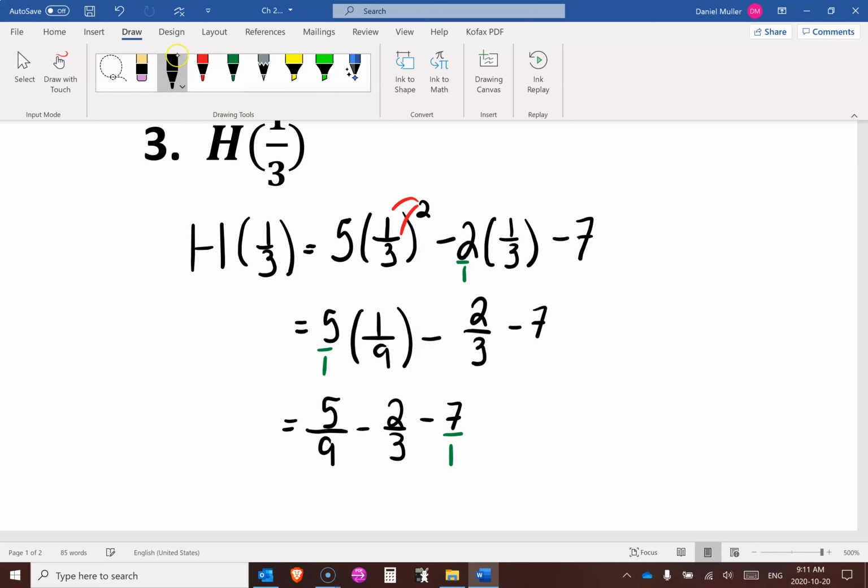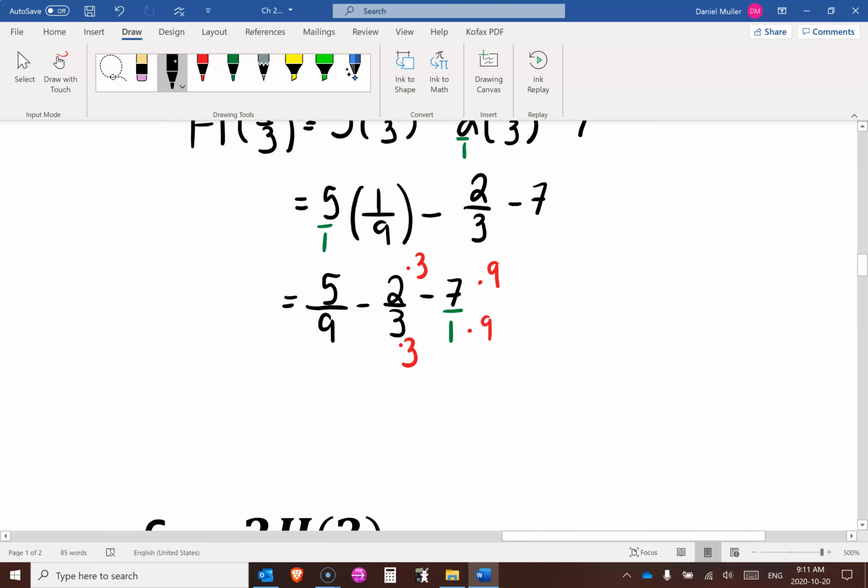So we're going to need a common denominator. Okay, so that would be 9. So I'll times this by 9, and times that by 9, times that by 3, times that by 3. And of course the other one is already over 9. So 5 over 9 minus 2 times 3 is 6 over 9 minus 63 over 9.